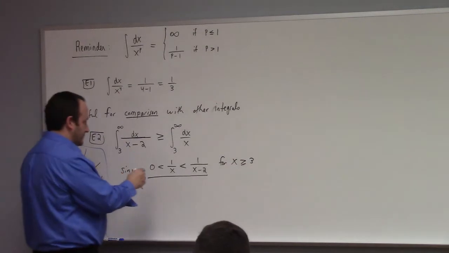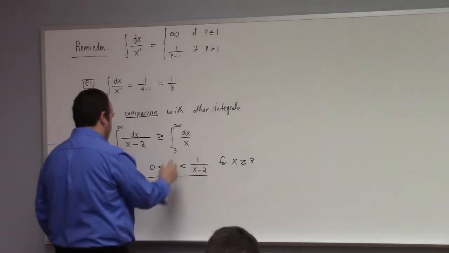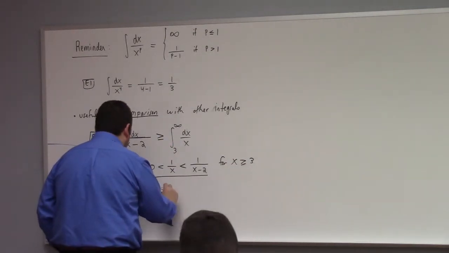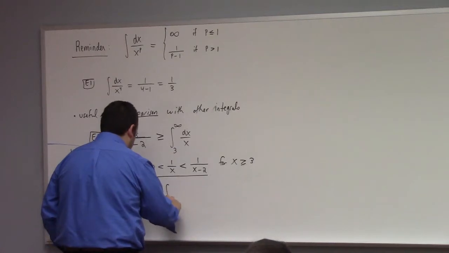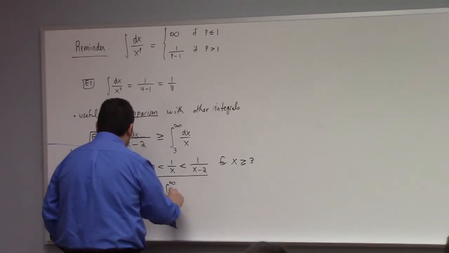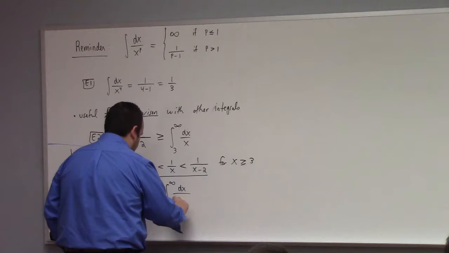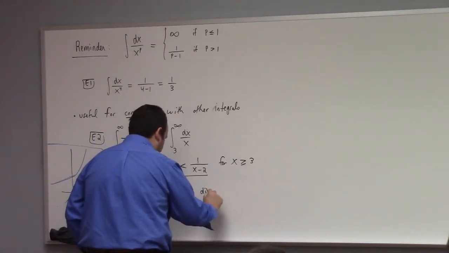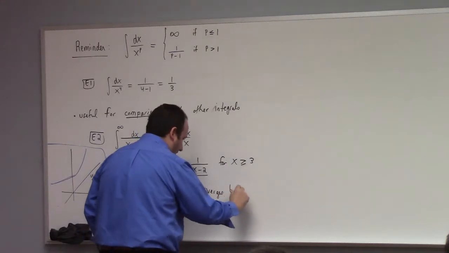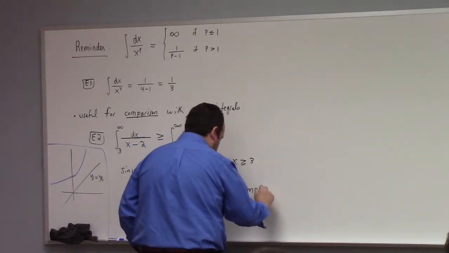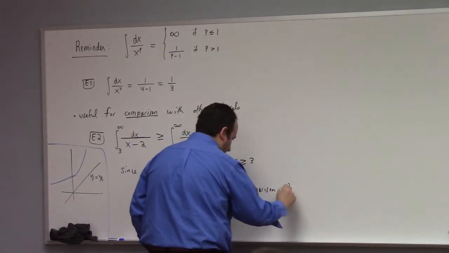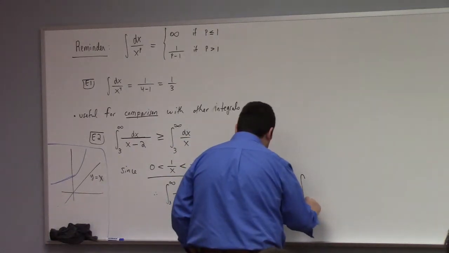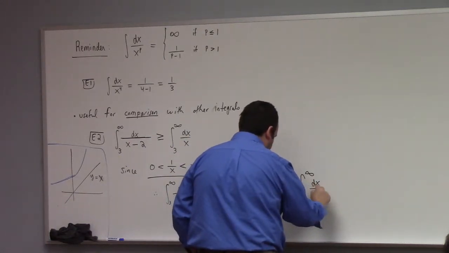So I should say, therefore, the integral from 3 to infinity of dx over x minus 2 diverges by comparison with the integral from 3 to infinity of dx over x.